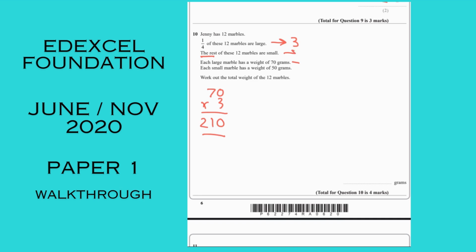The rest, so that'll be 9 of them, are 50, or 9 fives are 45. So we'll do this one the quick way. And total means add. So we're getting 660 grams for Jenny's marbles. Next.